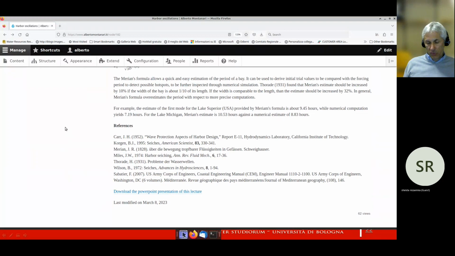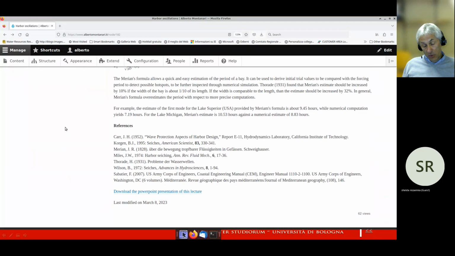When there is a standing wave with a high amplitude, the ships may easily break also the mooring lines.